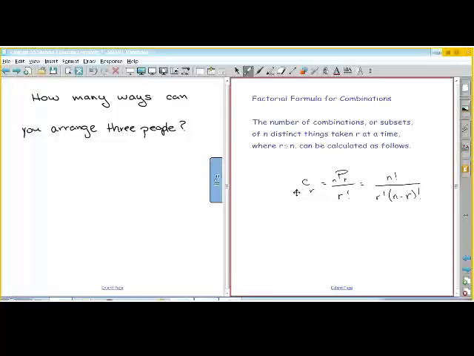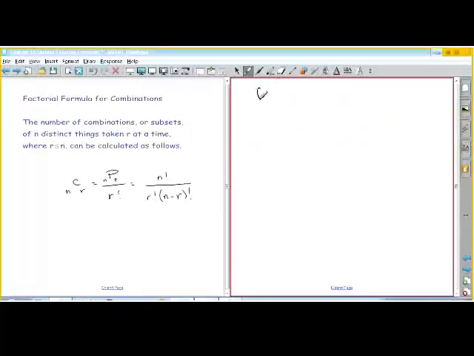We use C to represent combinations. N is the number of things we're choosing from, and R is the number of elements in the subset. It's equal to the number you get from using your permutation formula divided by R factorial, which is the number of ways you can arrange R objects distinctly. But the number of permutations is n factorial over n minus R factorial. So if you substitute the factorial formula for this, you get the factorial formula for combinations.